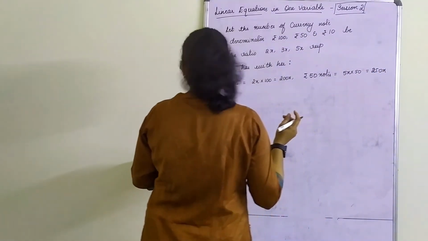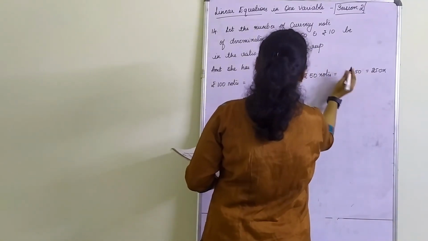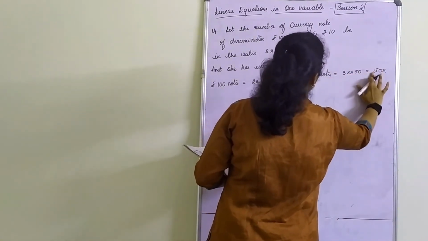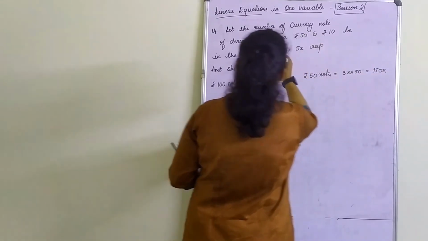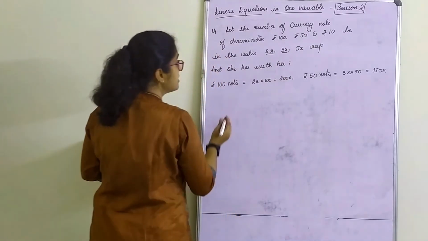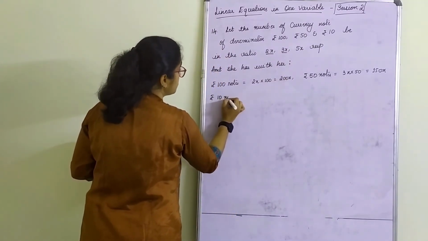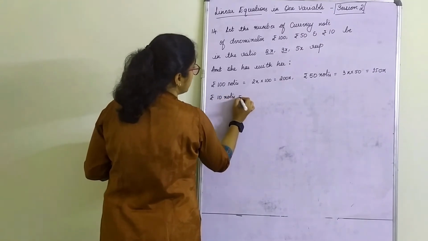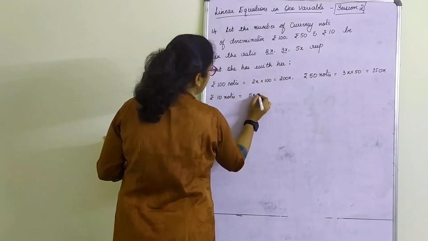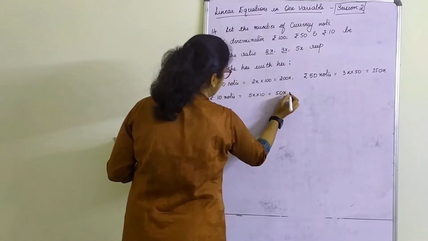Sorry, the 50 notes are in terms of 3x, so this is 150x. So 2x is 100, 3x is 50 and 5x is 10. Rupees 10 notes, they are 5x into 10, that is equal to 50x.